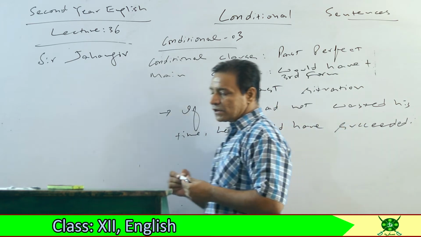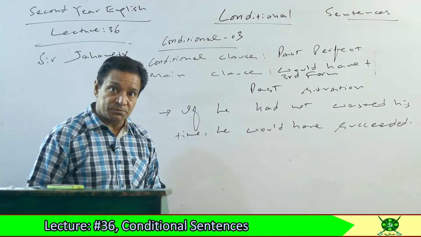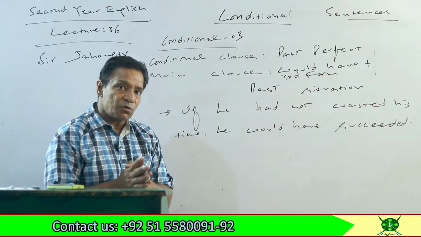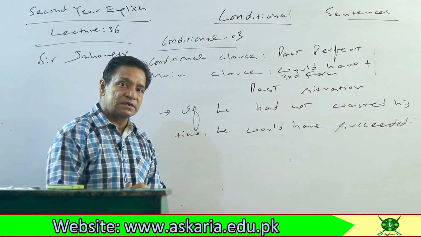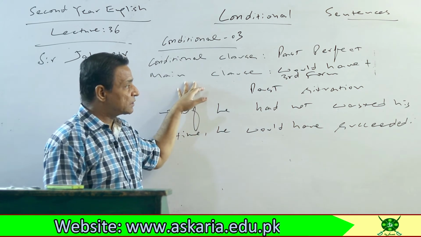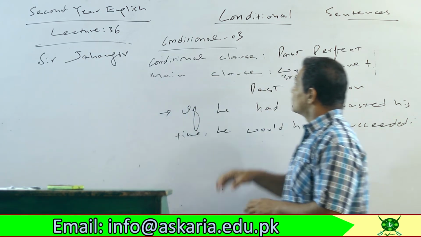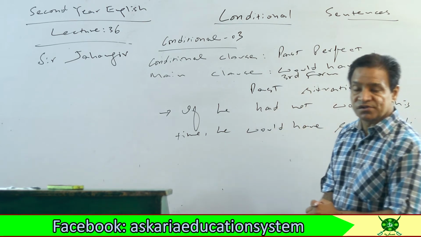Okay? If he had not wasted time, he would have succeeded. So what you're looking at, we are talking about some condition of the past. That if in the past he had not wasted time, he would definitely have succeeded. So in the third type, we say something which is related to the past. Okay, so in the past he did this thing and now he is not successful.